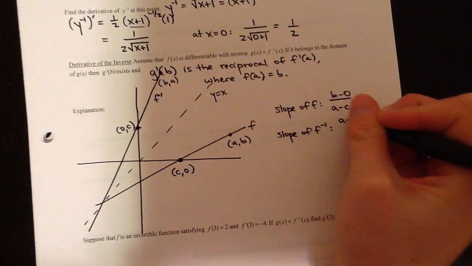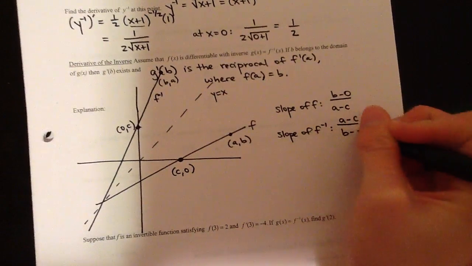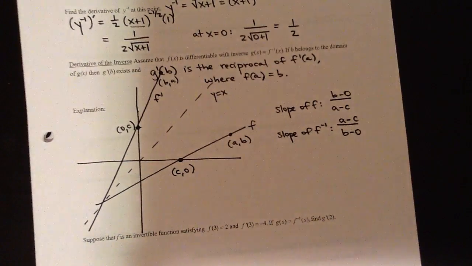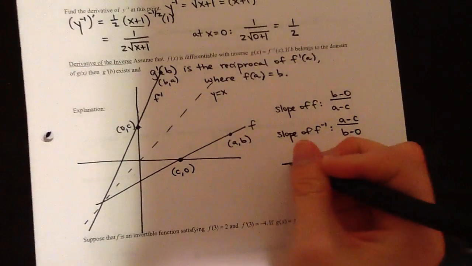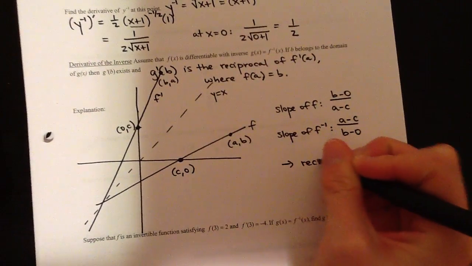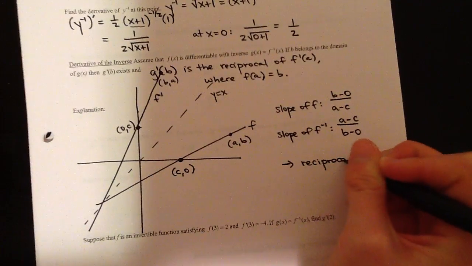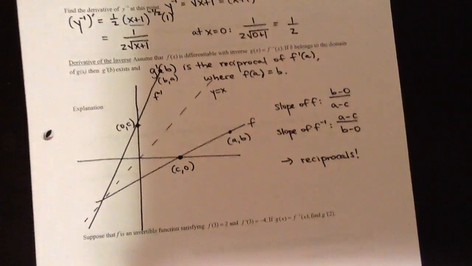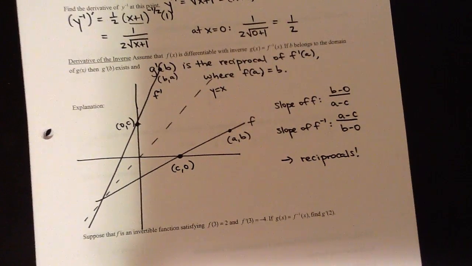This time we have (a minus c) over (b minus 0). What you hopefully notice is that they are reciprocals of each other. So that is how that whole reciprocal slope thing ends up working out. Maybe that visual did something for you, maybe not. But the point to take away is that inverse functions have reciprocal slopes when you look at their opposite points, like (a, b) compared to (b, a).